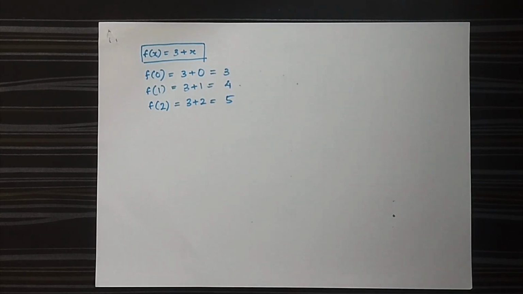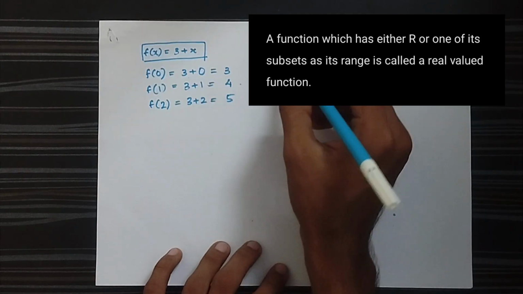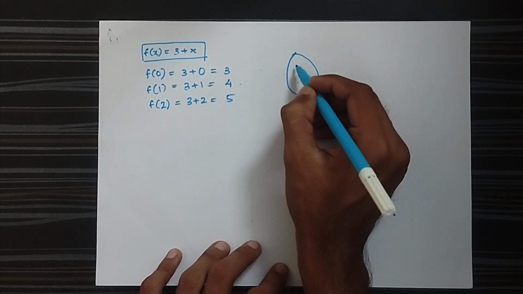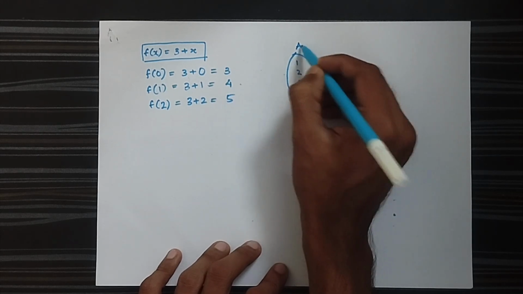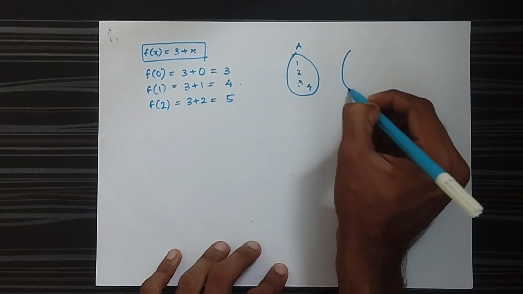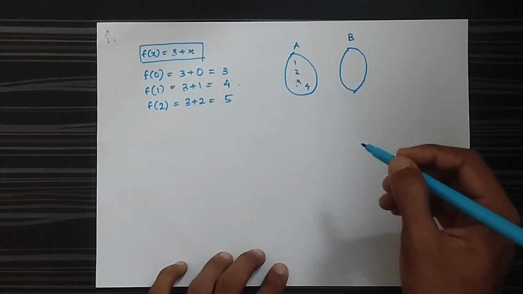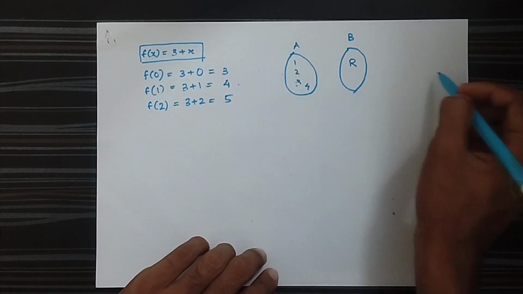Alright, we have to understand what a real valued function is. A function which has either R or one of its subsets as its range is called a real valued function. So for example, we have a domain A, which is 1, 2, 3, 4. This is our domain. And we have a codomain B, where B is R. R means all the real numbers.